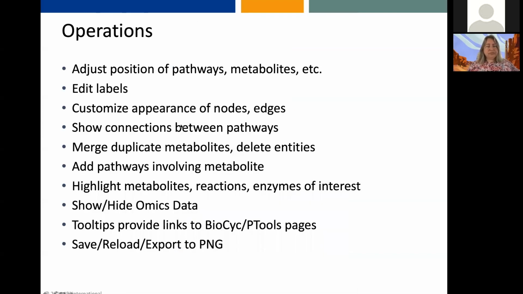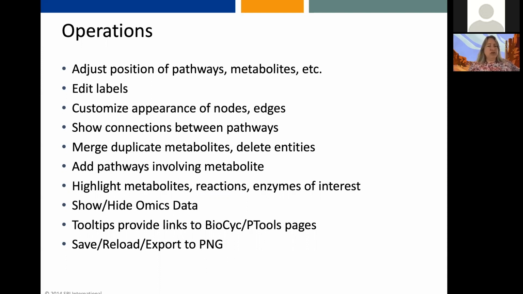And so you can edit in various ways. You can adjust the positions of anything you want. You can edit the labels. You can customize the appearance as far as color and thickness, font size, shape in some ways. You can show connections between pathways.